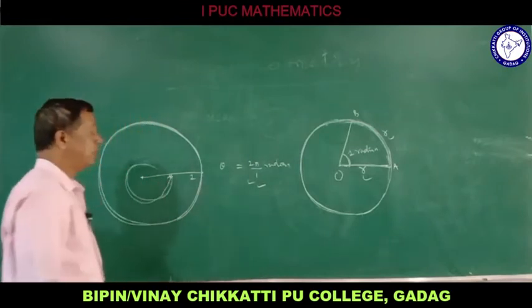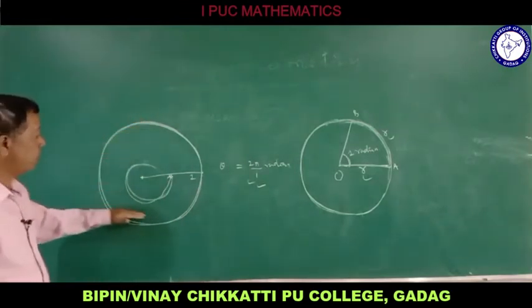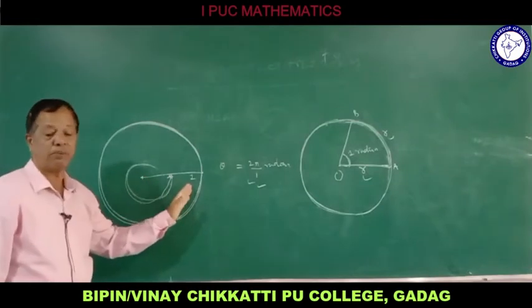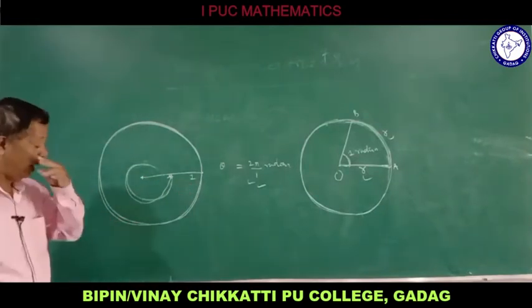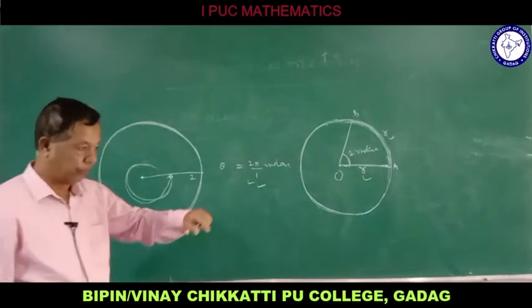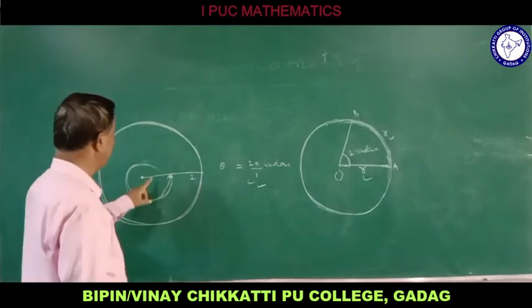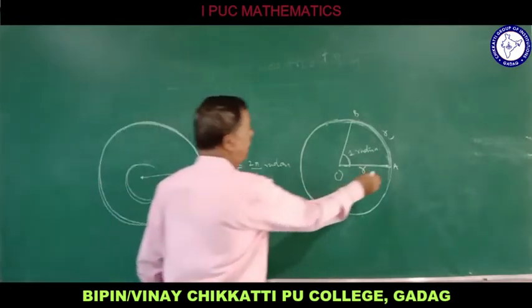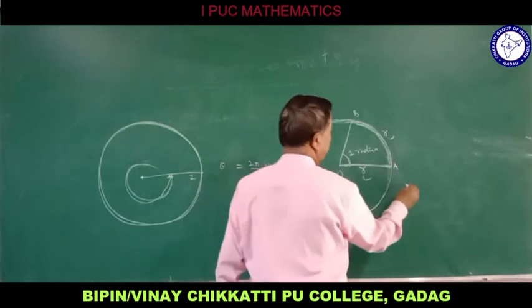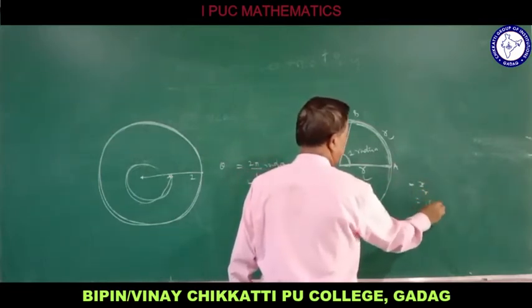How do you understand that? It is nothing but the ratio of the circumference of a circle to its radius. Another definition of radian is the ratio of arc length to its radius. Suppose I take arc length to its radius, that is R by R, which is nothing but 1 radian.